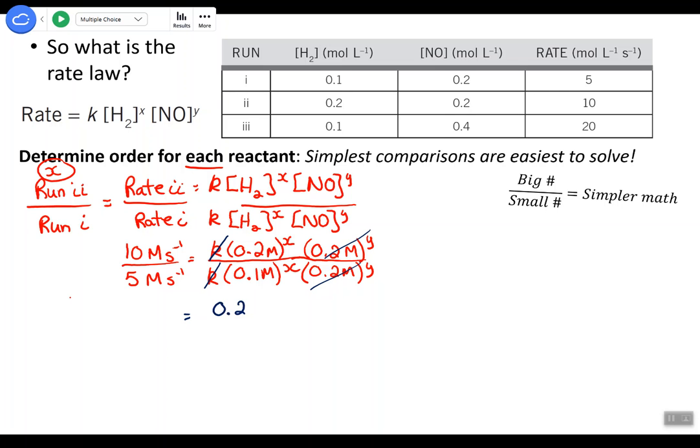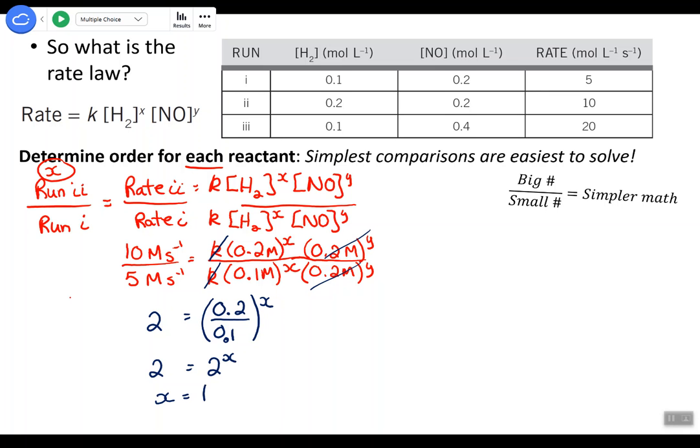I can take out that power x as 0.2 over 0.1 to the power x. 10 moles per liter per second divided by 5 moles per liter per second gives me 2, which gives me 2 equals 2 to the power x. By inspection, what does x have to be to make this mathematical equation true? Well, x has to be 1.